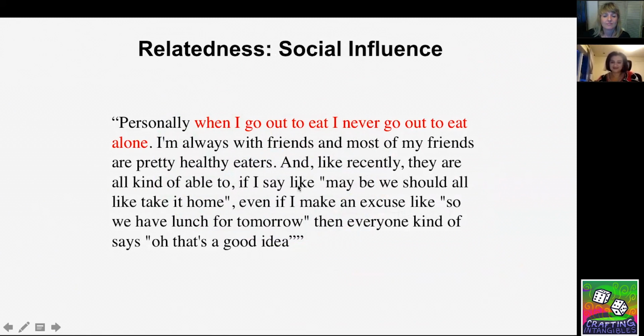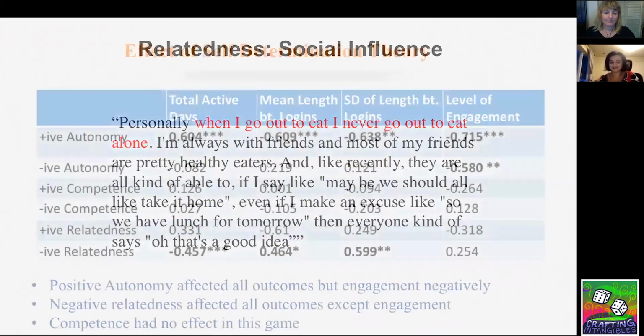And like recently, if I say maybe we should all take it home, so we have lunch for tomorrow, then everyone kind of says, oh, that's a great idea. So it seems like there is support from the friends, and that's an important relatedness note.